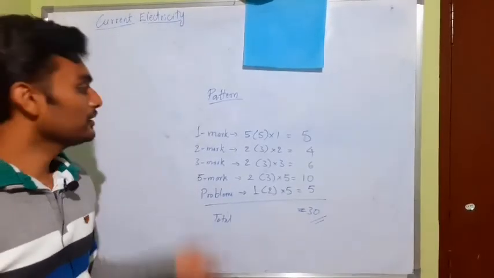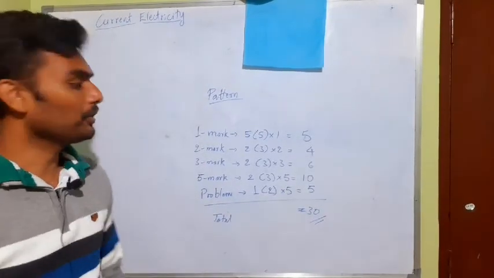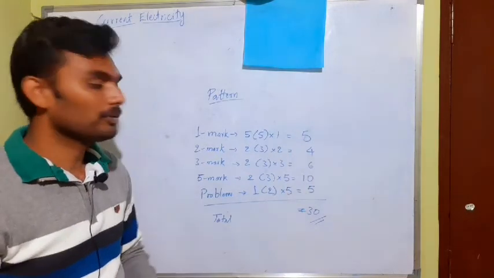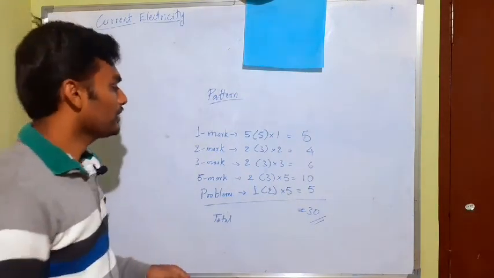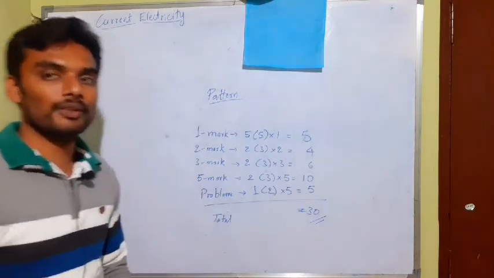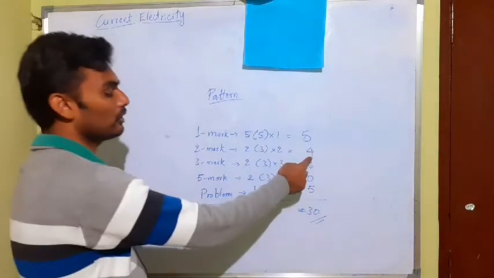The pattern of the question paper will be as follows. You will have 5 1-mark questions, no option, so 5 marks. You'll have 3 2-mark questions, out of which you need to answer only 2, so 4 marks.